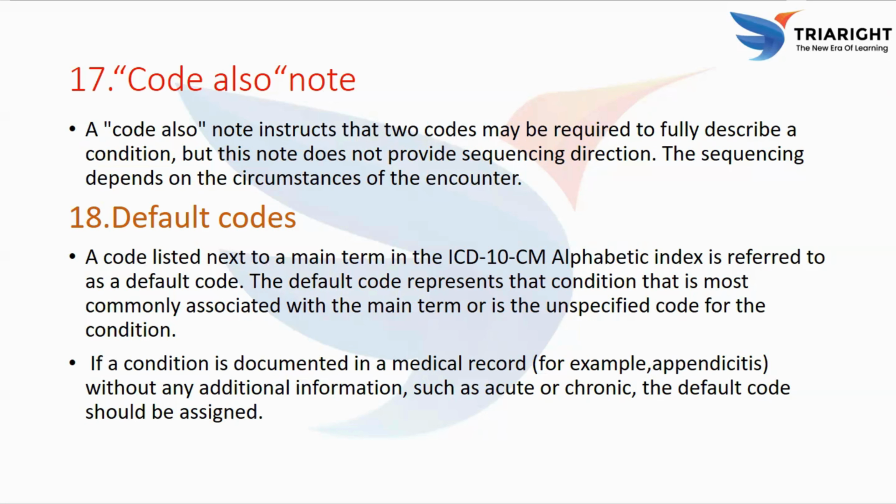For example, when documentation says just appendicitis, and doesn't mention whether the appendicitis is acute or chronic, then you have to use the default code for appendicitis, which usually refers to acute. So if the record doesn't give more details, use the default code next to the main term. So this is about the default code convention.